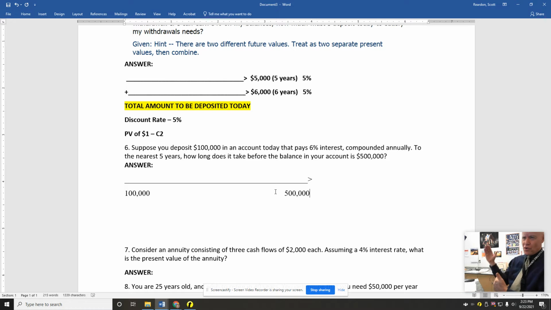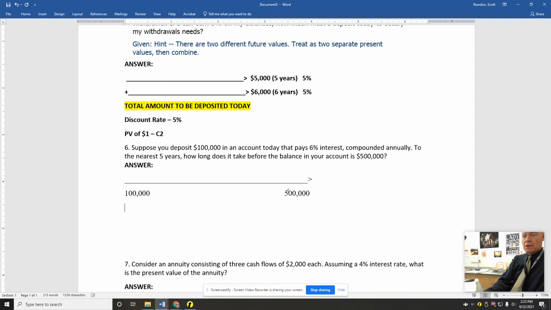But my money is growing, right? So suppose you deposit 100,000 in an account today. We know it's going to be 500,000 in the future. Well, my formula is my investment, I'll just say invest, times whatever my growth factor is, equals my ending balance.